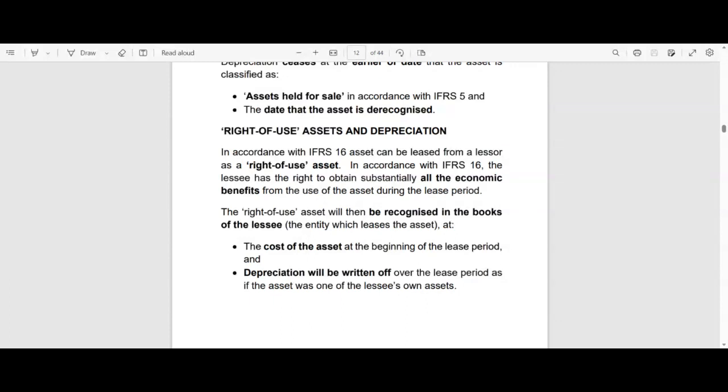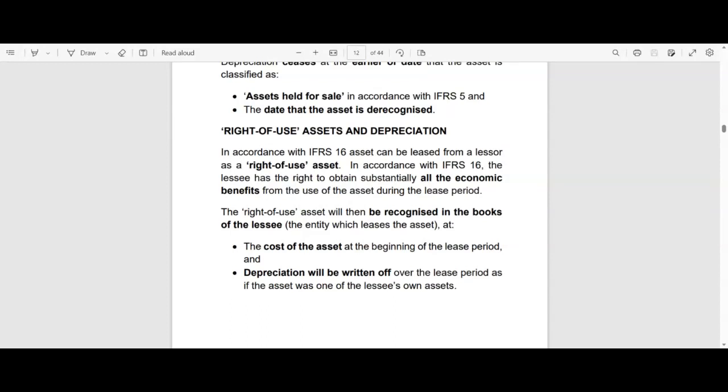Okay, so to cut this long story short, from an accounting perspective, you are going to treat that asset, that motor vehicle, in exactly the same way as you treat your property, plant, and equipment that you actually own. The only difference is you are going to call it capitalized leased assets.